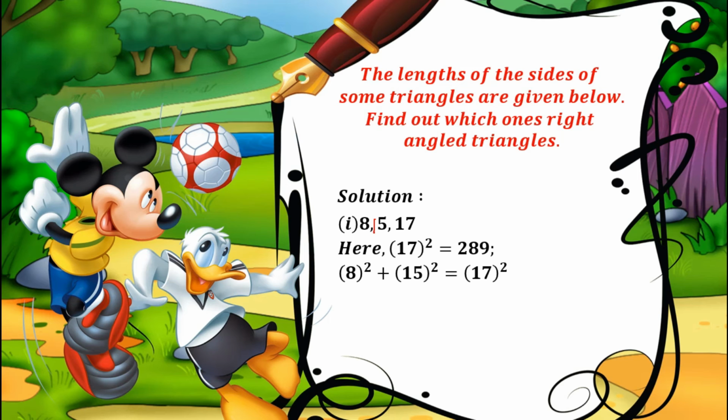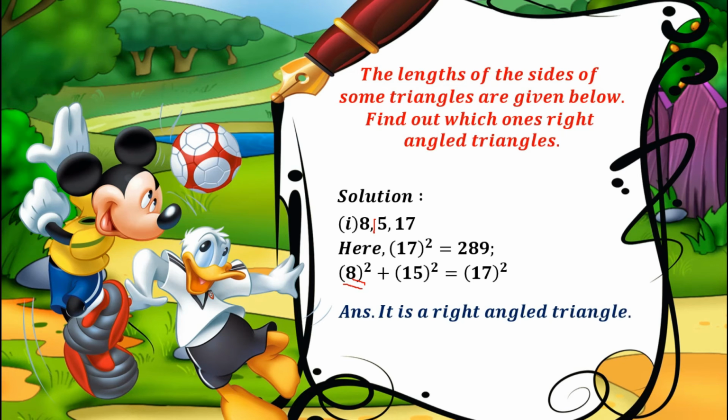So 8 raised to 2 plus 15 raised to 2 will be 17 raised to 2, because the value of 8 raised to 2 will be 64, and 15 raised to 2 will be 225. So the addition of 64 plus 225 will be 289. Okay, so it is a right angled triangle.